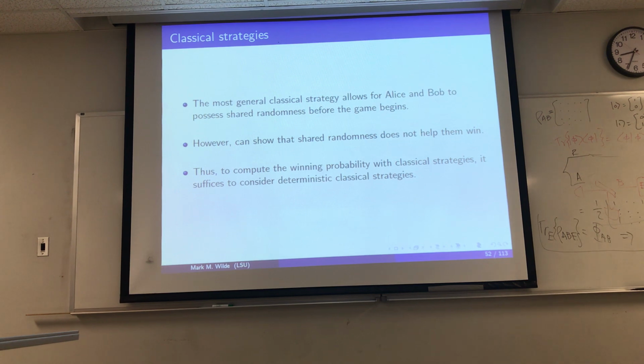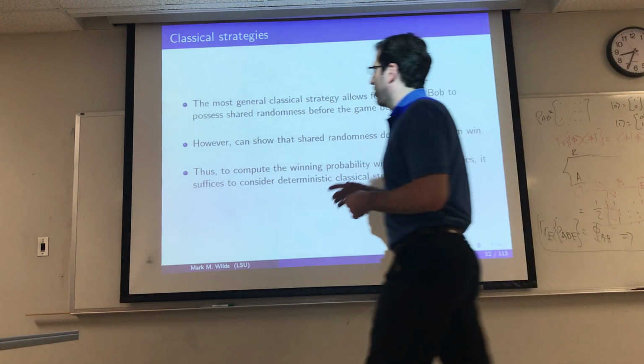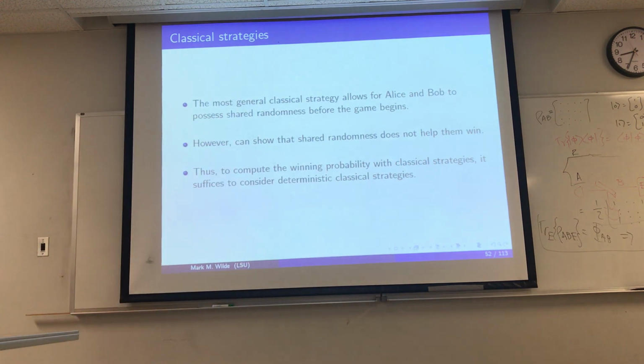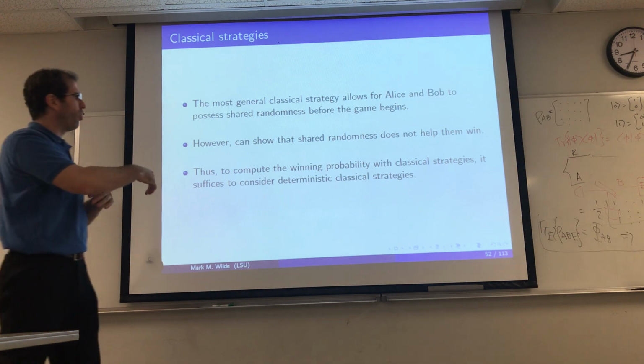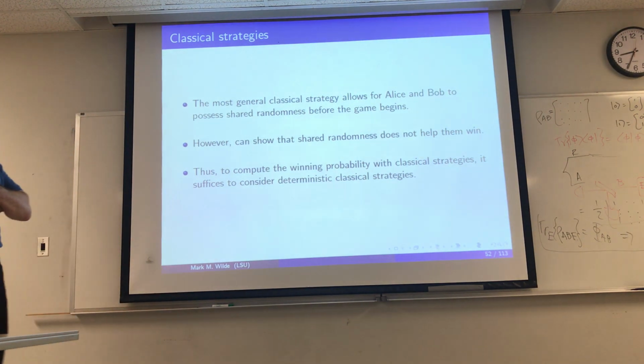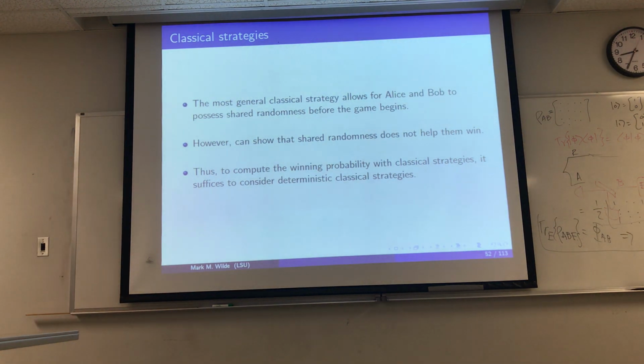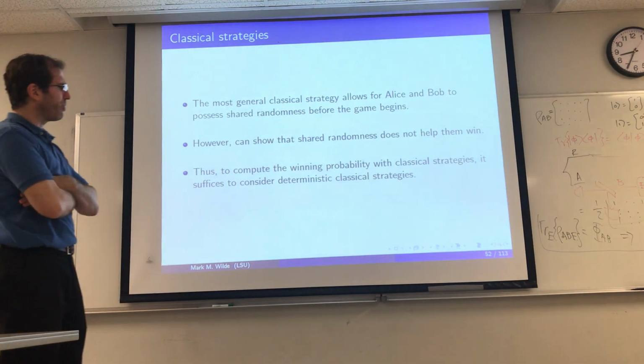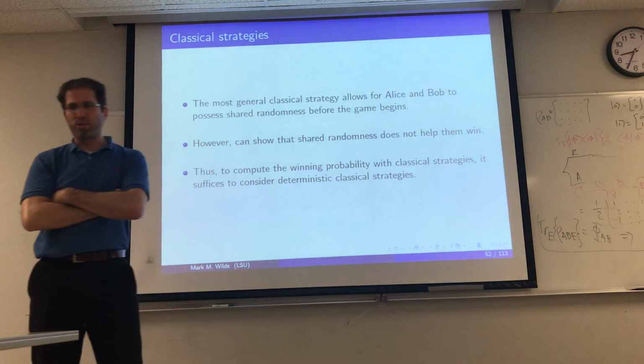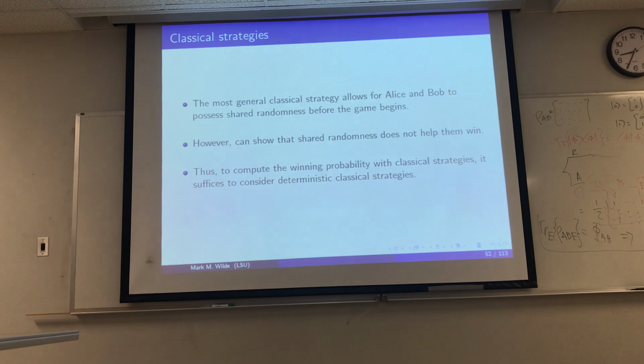So that's a shared randomness strategy. That doesn't help in this game, okay? And that's to do with the objective function, the winning rule being somehow a linear function of the inputs, okay? So you work with that math, and then you see, oh, it's best to just do a deterministic strategy, okay?